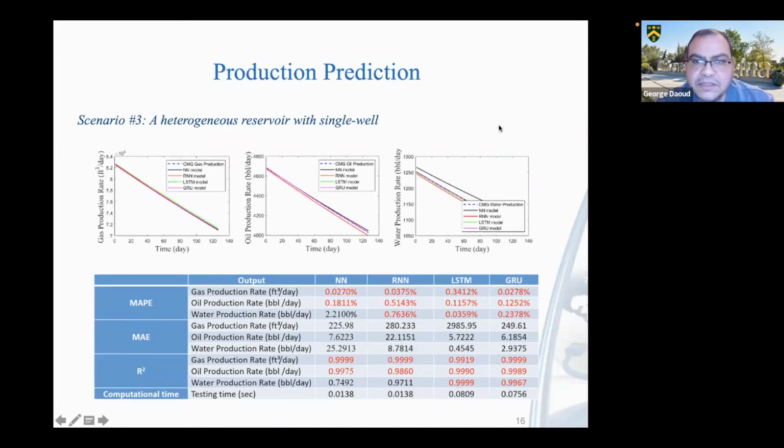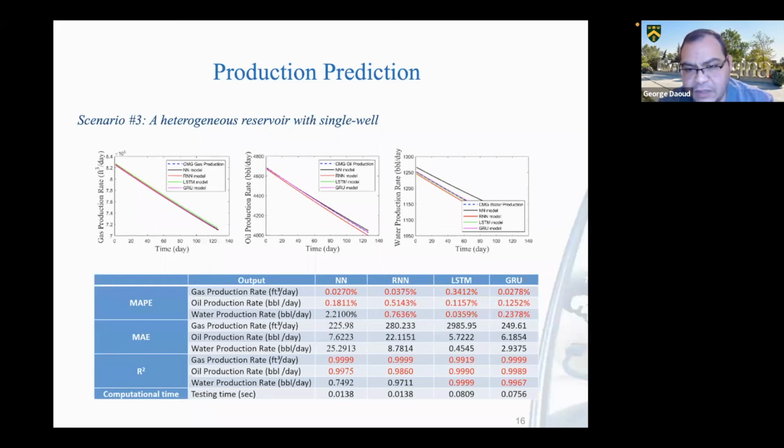The last one in the production prediction, we try for a heterogeneous one. We wanted to ensure that our proposed models can work with a complicated reservoir, such as a heterogeneous reservoir with a single well. As you can see in the figures, those are the validation values for the water produced, the oil produced, and gas produced from this reservoir.